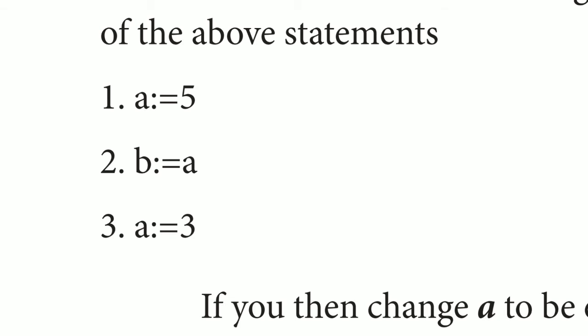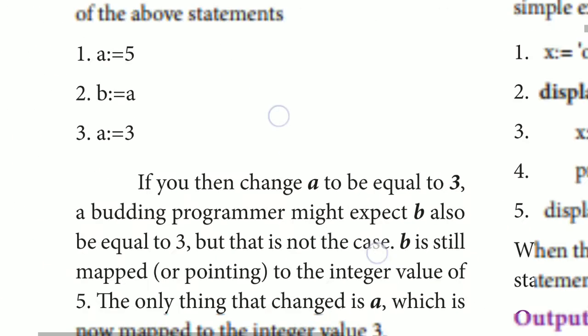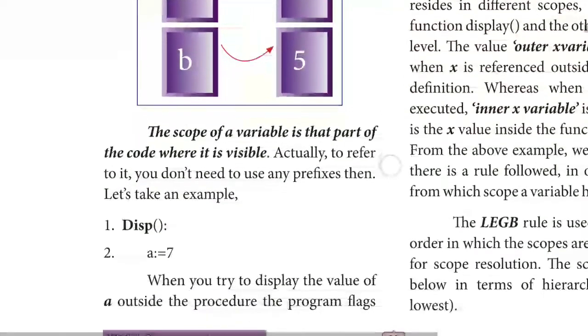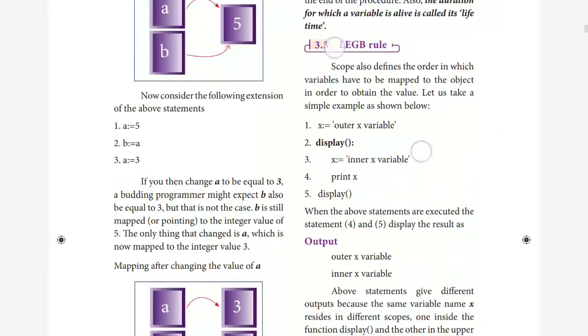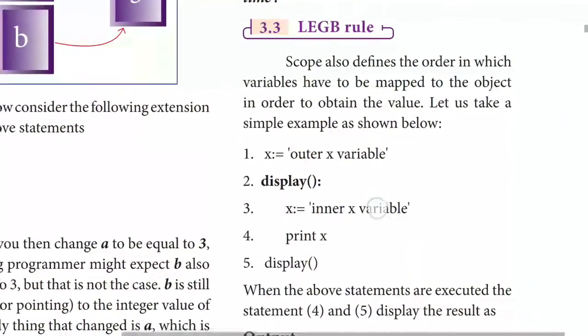So this is known as mapping of variable. And you can see the next thing is this LEGB rule.